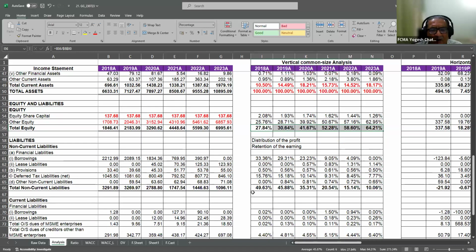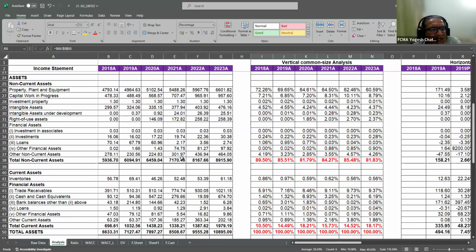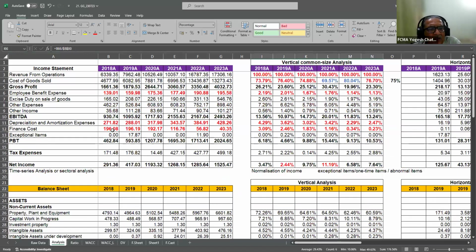And the non-current liability, as you can see, from 3,291 crore, that has reduced to around 1,096 crore in 2023. So a sizable decrease is there, and that is reflected in percentage terms also. We discussed this when we were discussing the finance cost in the income statement. Finance cost has also gone down from 196 crore to 40 crore.